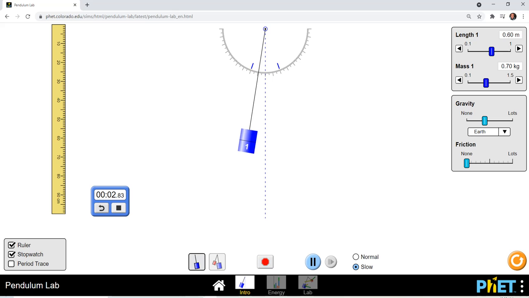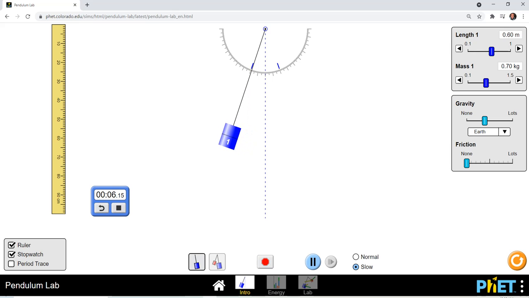2 seconds right now, right? 1000, 1001, 1002, 1003, 1004, 1005, 1006. Okay, this pendulum has been slowed down by 6 times. So 1 second here in this simulation corresponds to 6 seconds in real life.